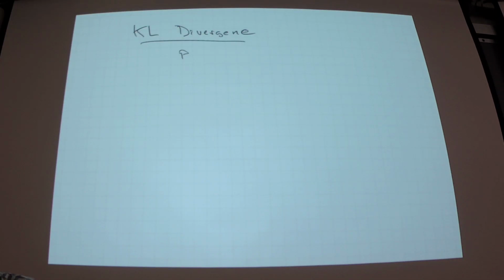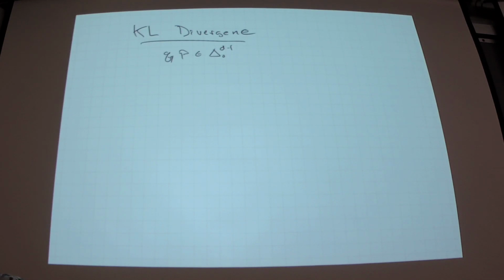I'll say P is in the simplex of dimension d minus 1, and also Q. So I have two probability distributions, and I'm saying that none of the coordinates can possibly have 0 probability.